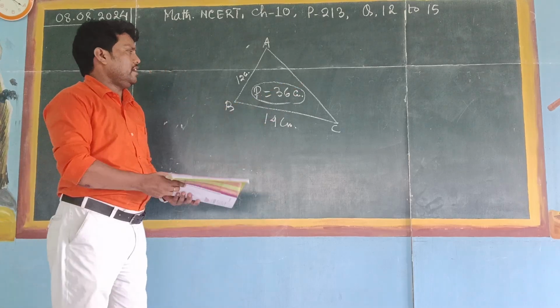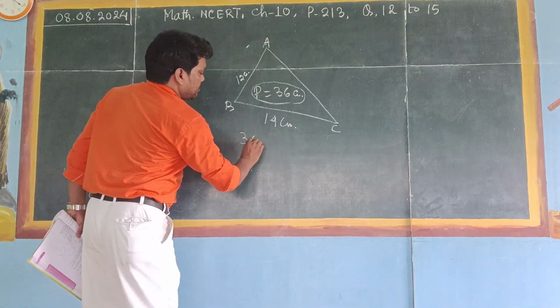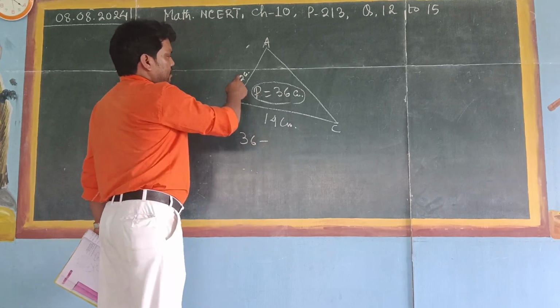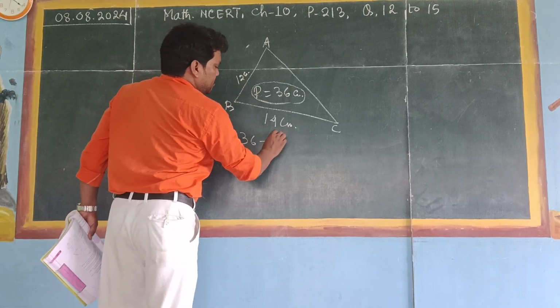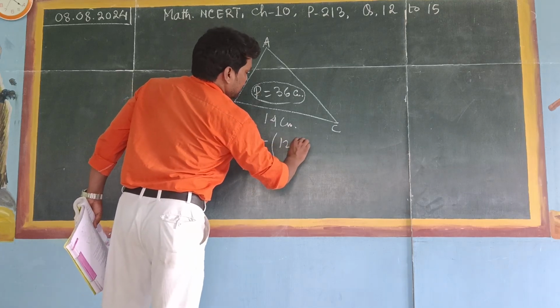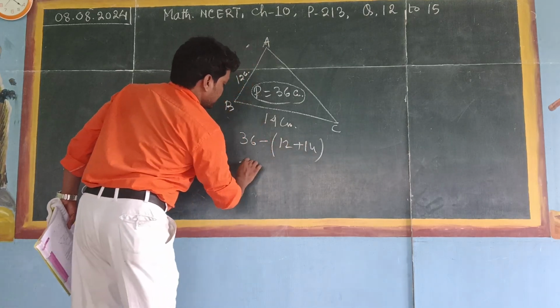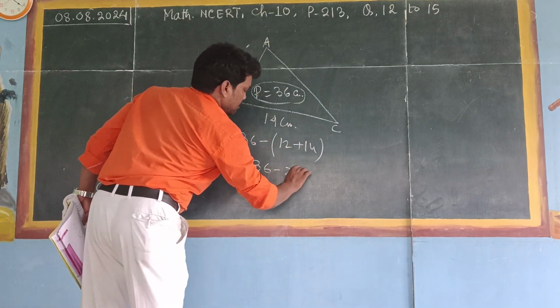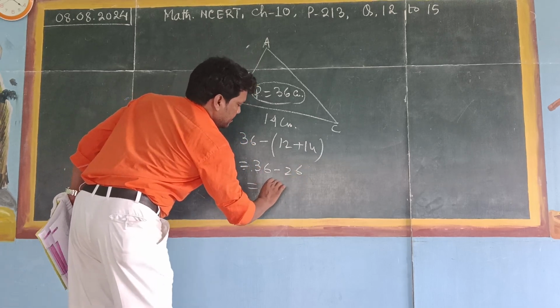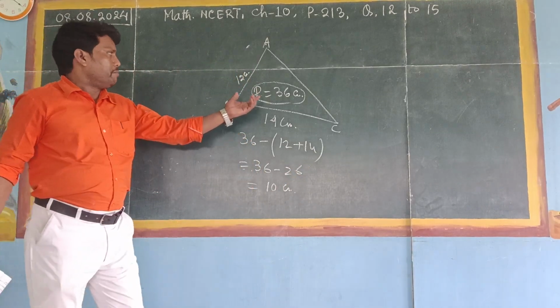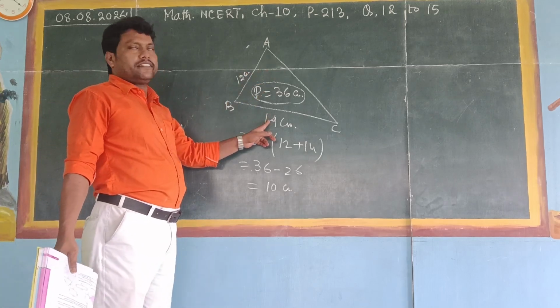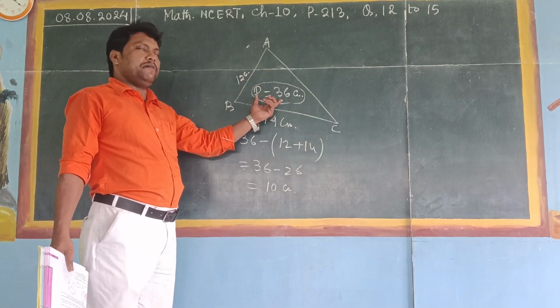how will we find the third side? From the perimeter, the sum of the two sides will be subtracted. That means 10 centimeter, very easy, because two sides are given and the perimeter is also given.